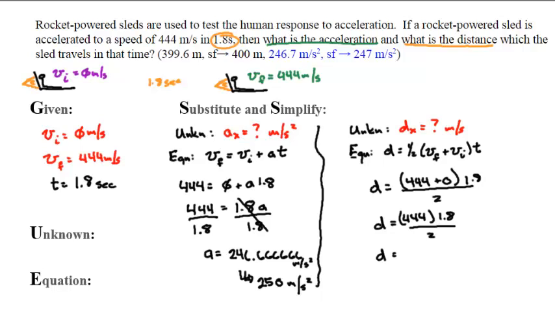Distance equals 799.2 divided by 2, and I get a distance that equals 399.6 meters. And once again, I have 2 sig figs, so it's 340 meters.